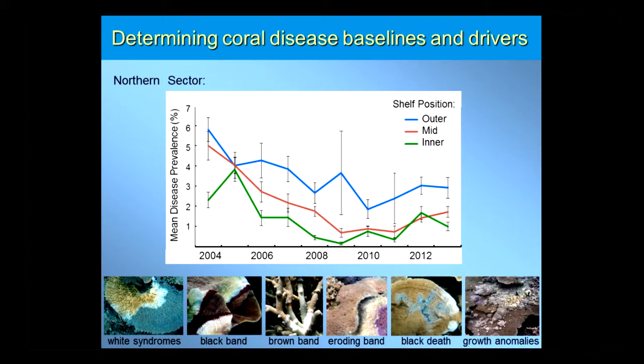And diseases like white syndromes and black band disease can result in the loss of a whole coral within months. Brown band disease can result in tissue loss in the order of 10 centimeters a day. So even though it may look like a small prevalence, it's one snapshot in time, and that is the harbinger of significant mortality.